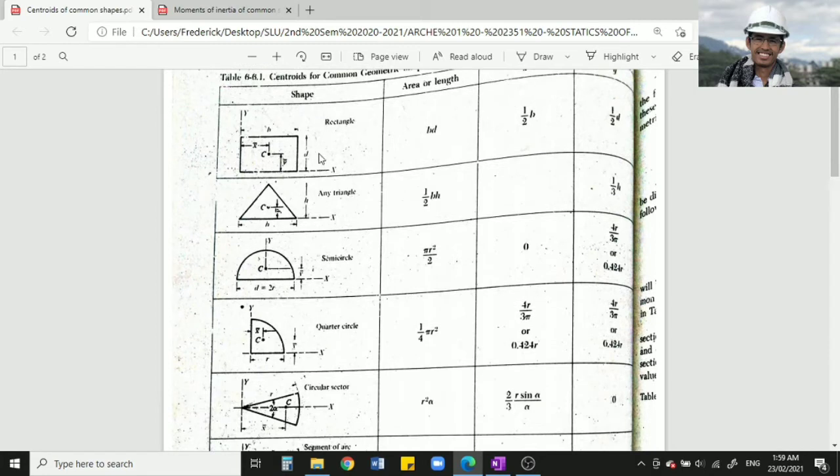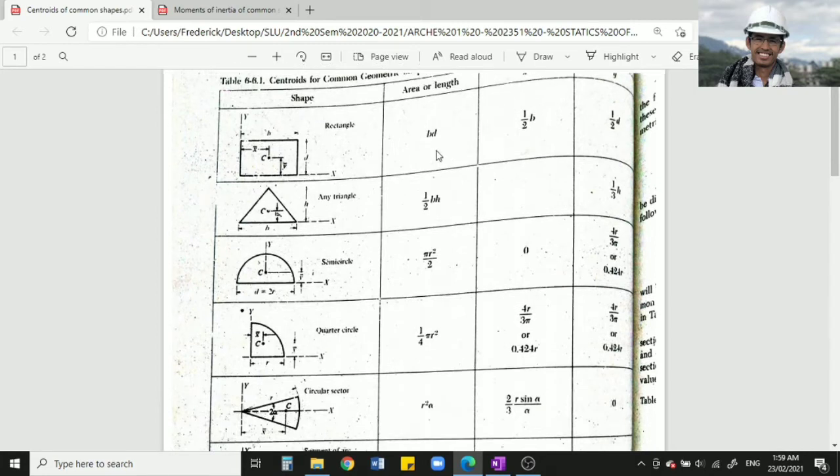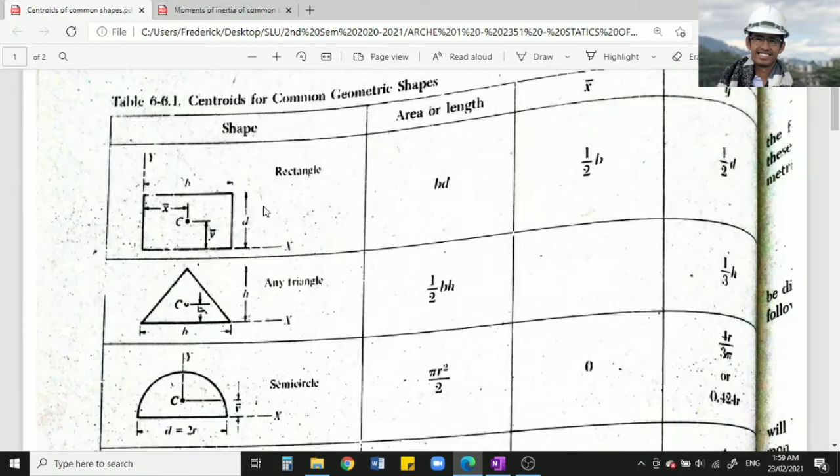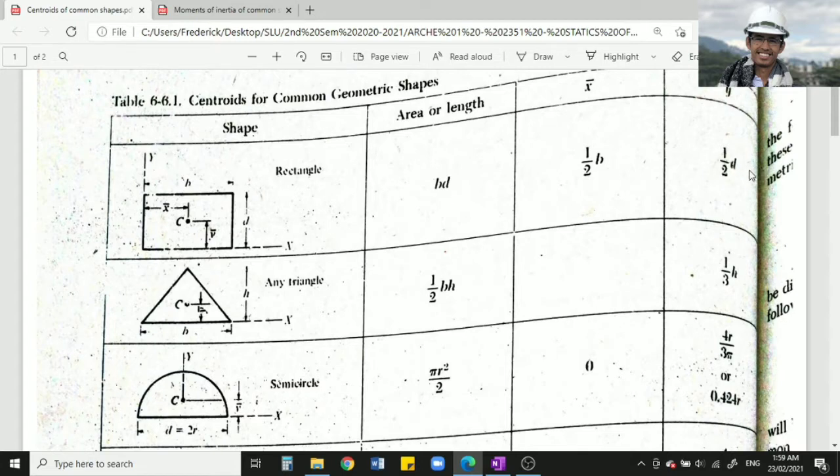So, kapag rectangle, class, yung area ng rectangle natin will be B times D. And yung centroid natin, bar X and bar Y natin will be sa gitna mismo ng ating rectangle. Okay? Yung center ng ating rectangle.